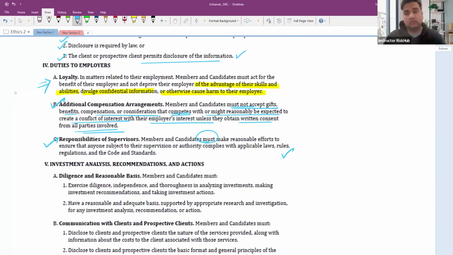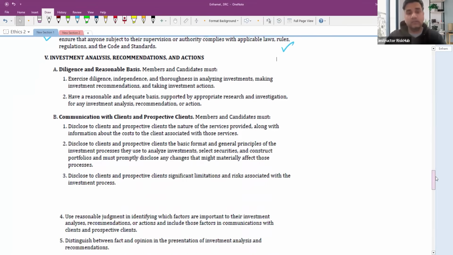And then next one is your investment analysis, recommendation, and actions. Now, when you talk about investment analysis, recommendation, and action, please note that there are two parts here. One is your diligence and reasonable basis. Next is your communication with clients and prospective clients.